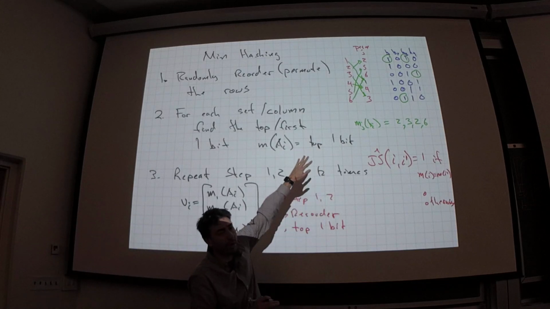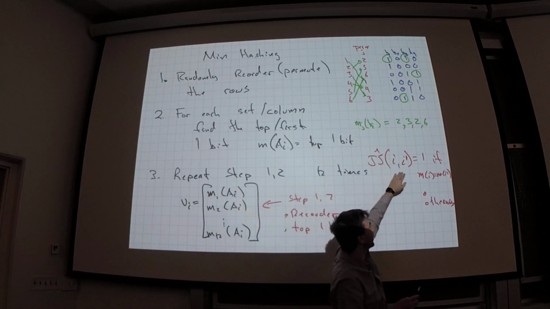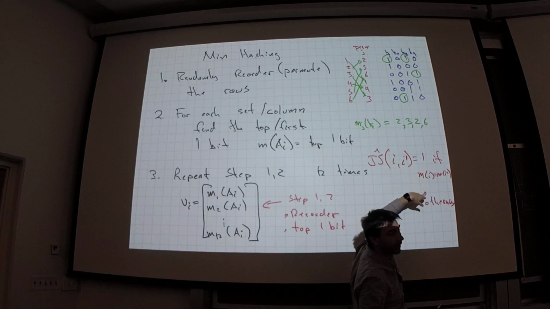So if I just look at one permutation and one value, I'm going to estimate the Jaccard similarity to be either 1 or 0.